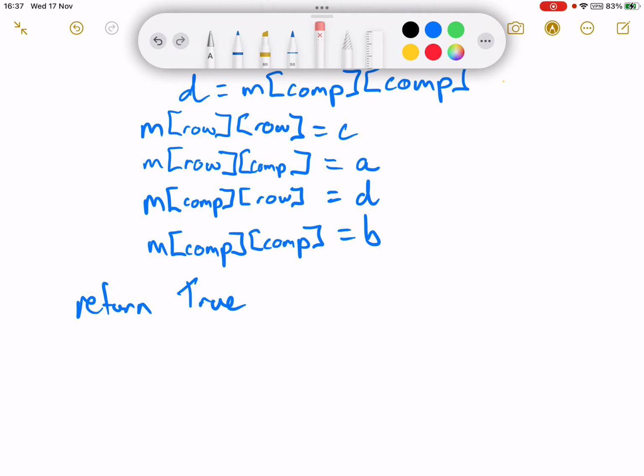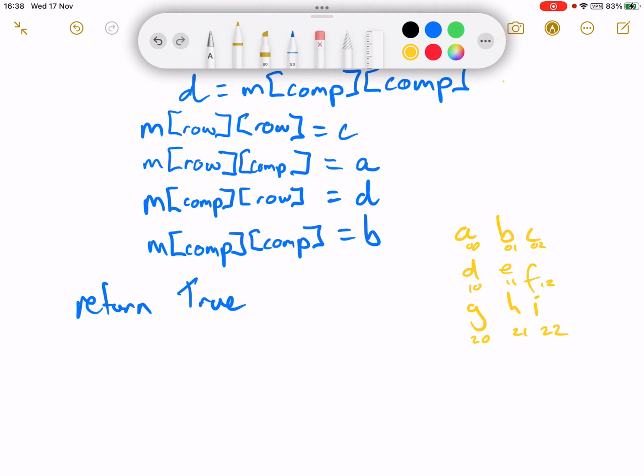So we got A, B, C, D, E, F, G, H, I. Okay, so to rotate, let's call it 0, 0, 0, 1, 0, 2, 1, 0, 1, 1, 1, 2, and 2, 0, 1, 2, 2. Okay?